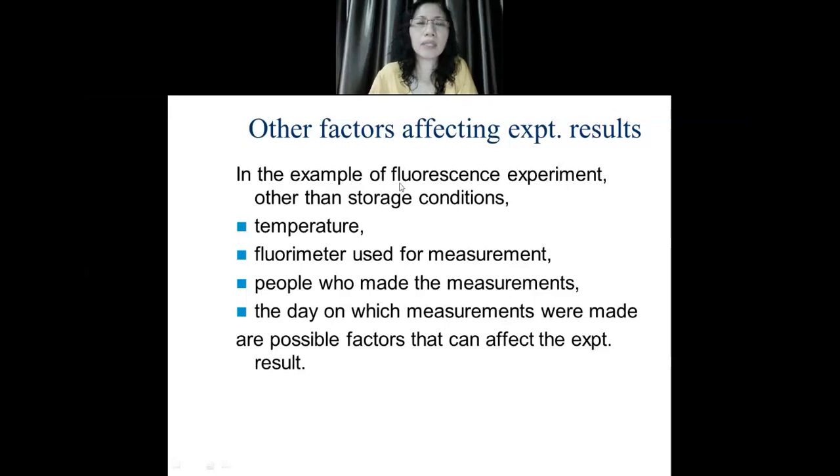For example, going back to the time when we were studying one-way ANOVA, we looked at the fluorescence experiment, how the fluorescence was affected by storage condition. Now, even though we study storage condition, other factors, for example, temperature, fluorimeter used for the measurement, people who made the measurement, the day on which measurements were made, also may affect the result of the experiment.